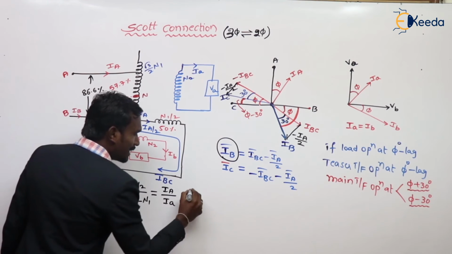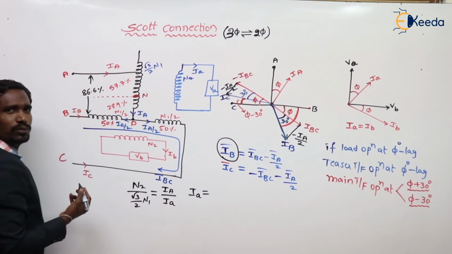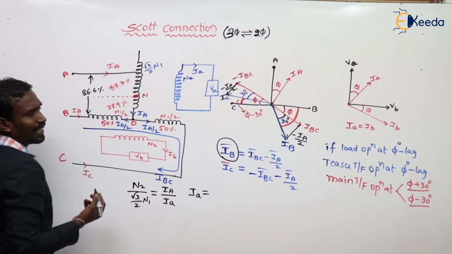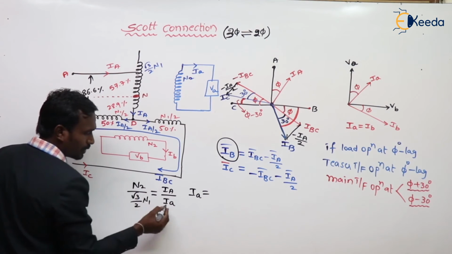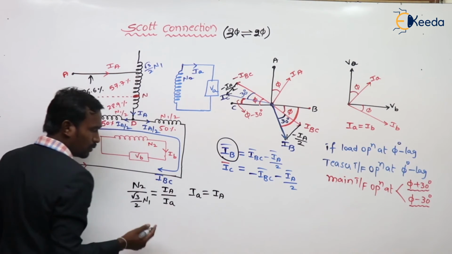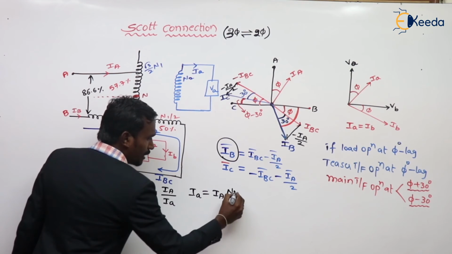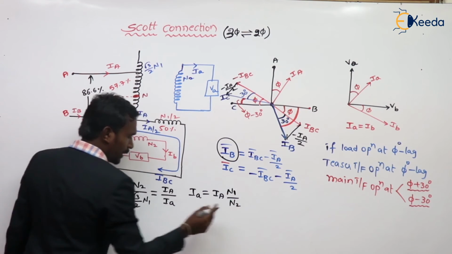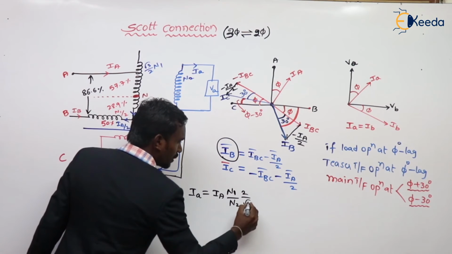From this, IA is equal to capital IA into N1 by N2 into 2 by root 3.